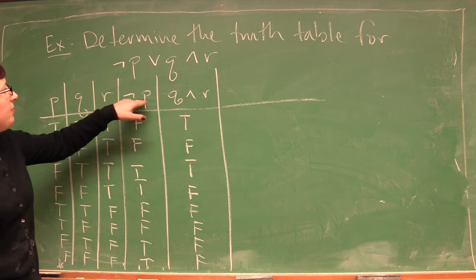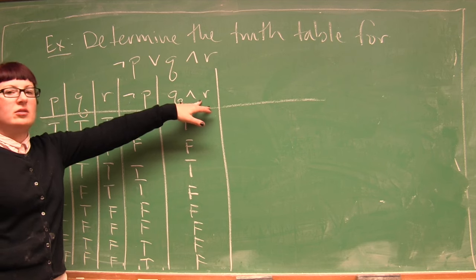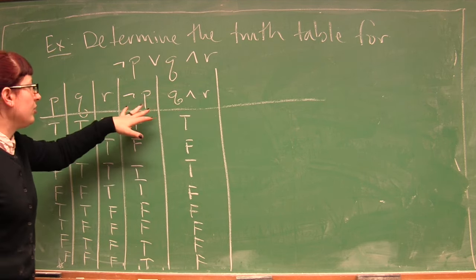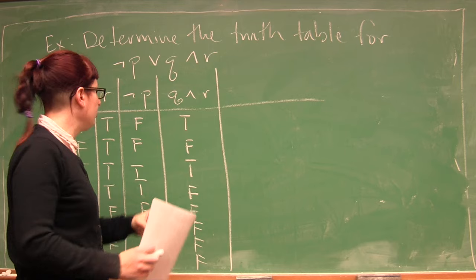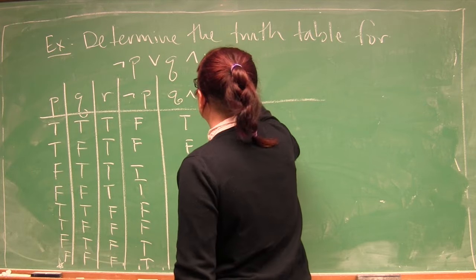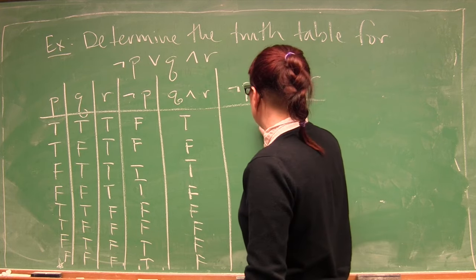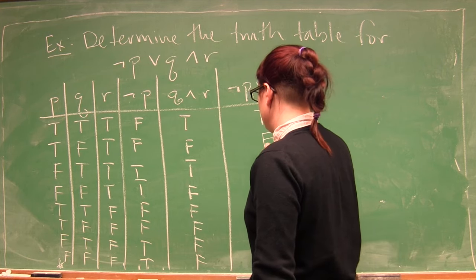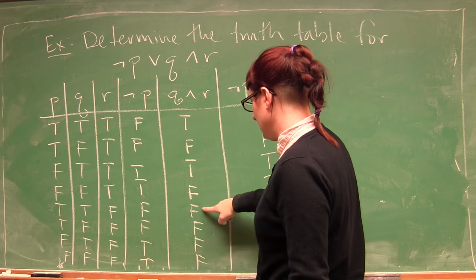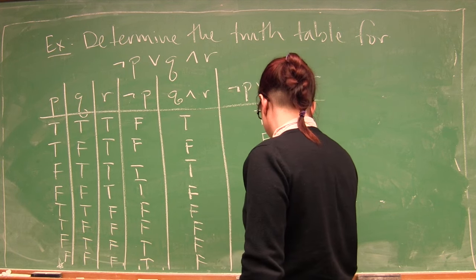Now we can combine not P together with Q and R in an OR. It's going to be true if either one is true. Which gives us a true, false, true, true, false, false, true, true.